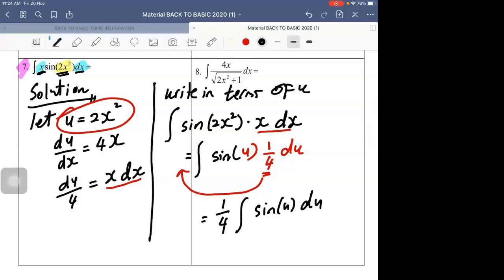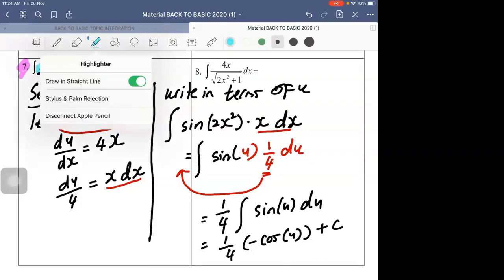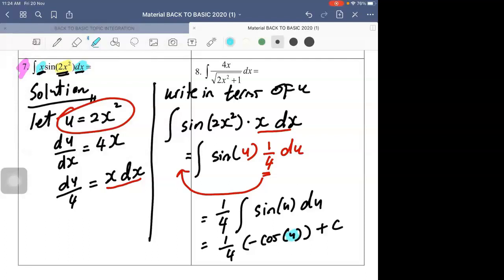Cos u. What? Negative. Negative 1 over 4 cos u. Remember, when you integrate sine u, you should get negative cos u. Jangan lupa negative. So it should be 1 over 4 negative cos u, and then plus c. However, this is not our final answer because we need to substitute back our u here. Kena ganti balik u kita kat sini.